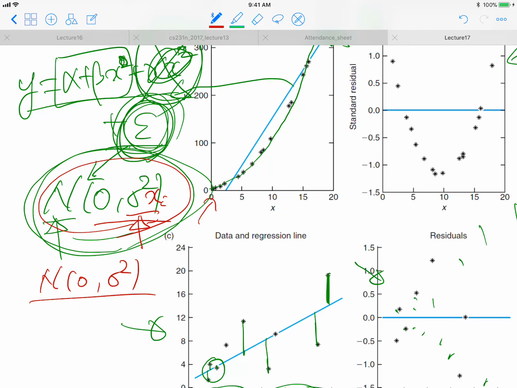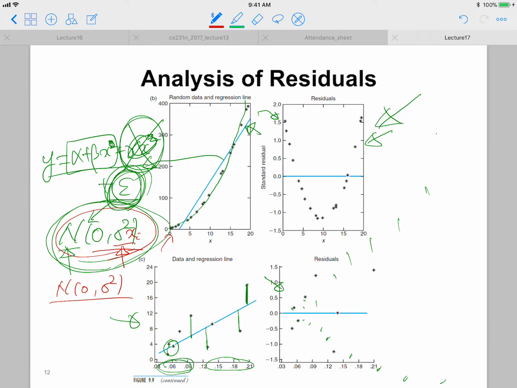What we typically do in this case is apply the linear regression and then look at the error plots and see if these errors look like they follow the Gaussian distribution with a fixed amount of variance. That's how we verify our initial assumption that y is actually modeled as this.